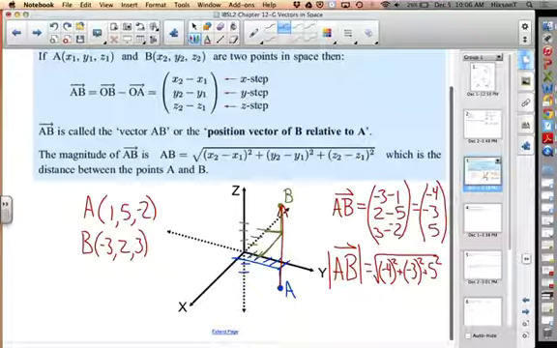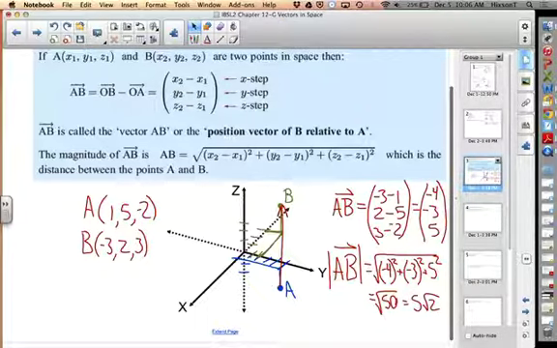So you're taking all 3 components now, squaring them, adding them together. You get 16 plus 9 plus 25, which is 50. So the square root of 50 is 5 root 2. Okay, so that would be the magnitude of the vector. Okay? Any questions?